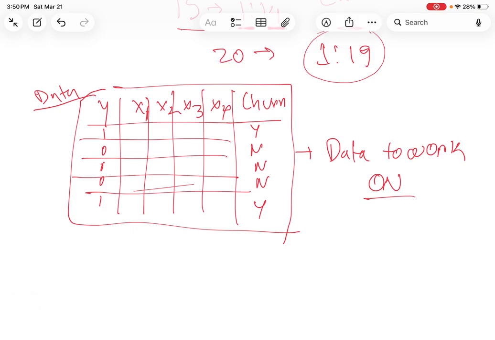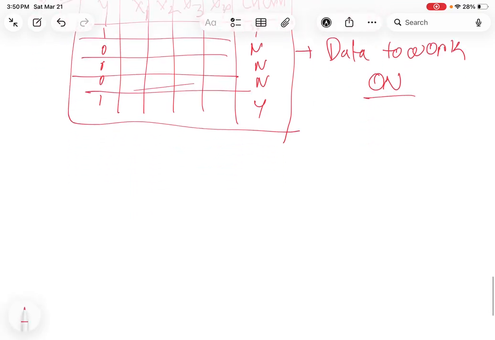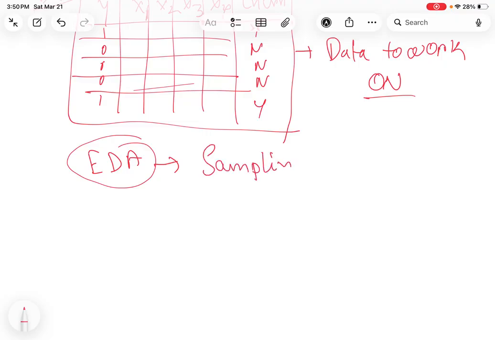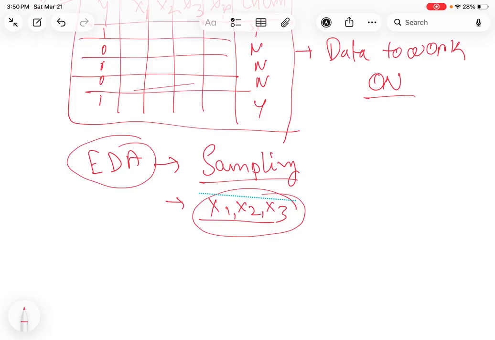Okay, so next obviously you will do the EDA. I will not do the EDA step here. And then the sampling after EDA, right? In EDA you will decide how many X you want to put in the model, but that is basically your columns. How many features you're putting decides the columns. But then how many rows you will put there, right?